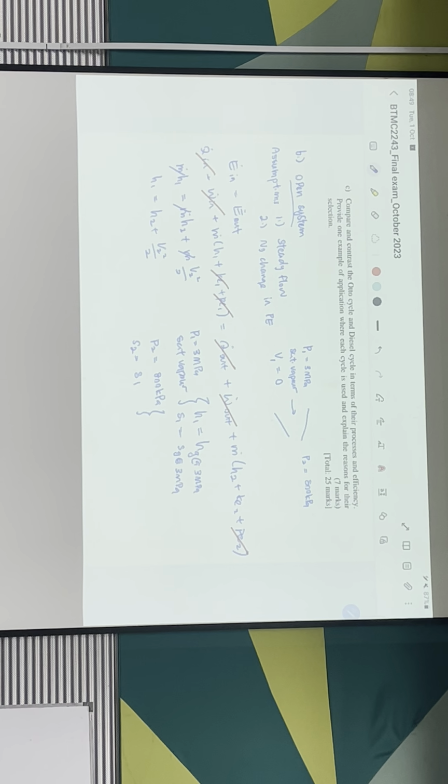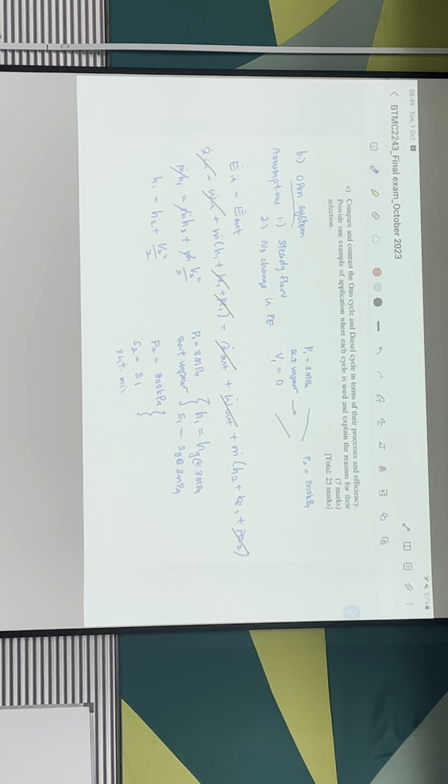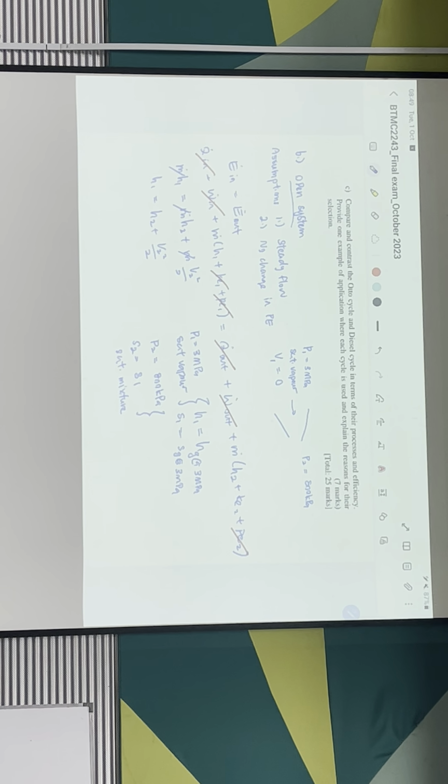Okay, so if you check this, you will notice that this is actually a saturated mixture. So you need to find x2 from the entropy.